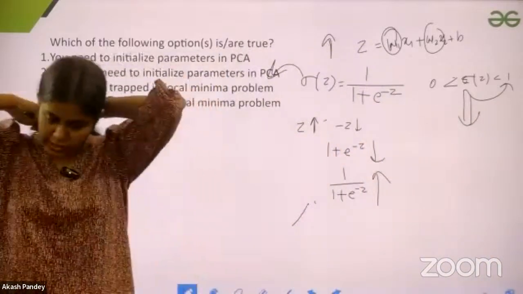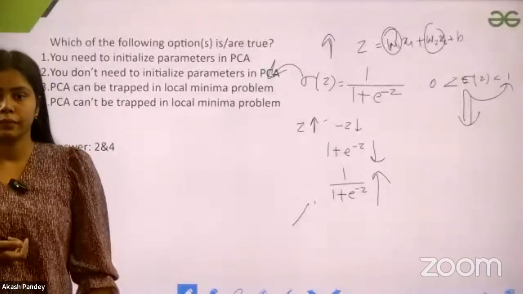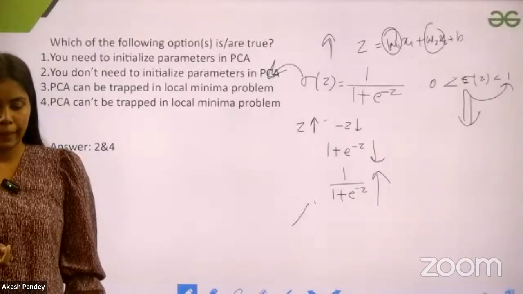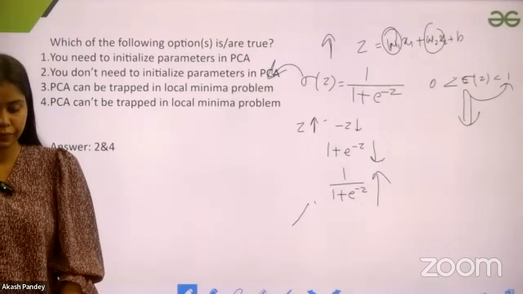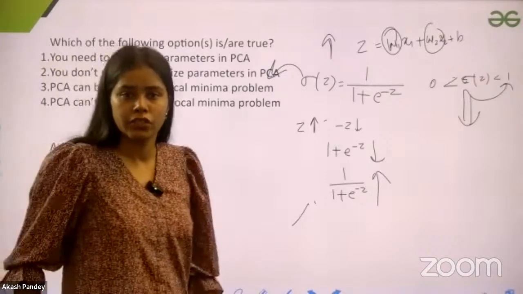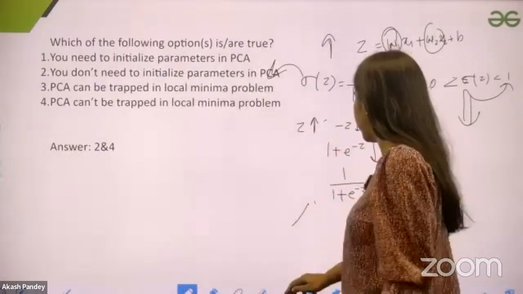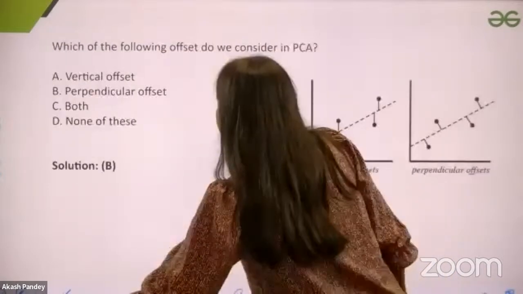There are different names, either inverse logit or sigmoid. Let me know if anyone else has confusion in this. Okay, so shall we solve more questions? Let's move forward to the next question.